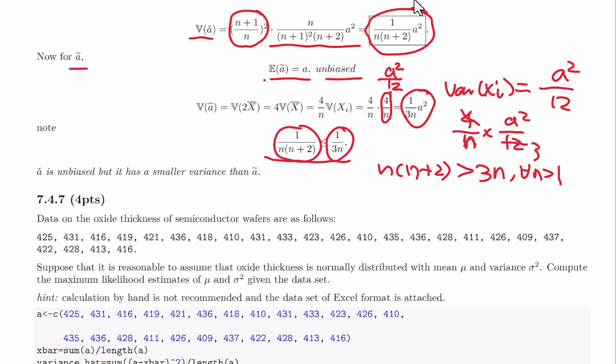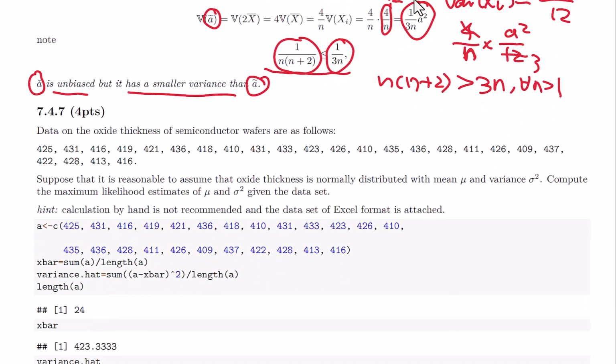So both a star and a tilde are unbiased, but a star has a smaller variance. Of course, here a star is better than a tilde. That's the conclusion.